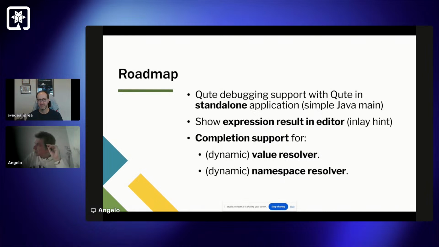If I remember, you can write a message, double point, and you should have completion on the method when you are writing a Qute template. I think it should work, but yeah, it's a long time since I did that. But if you have any ideas, I will be happy to try to implement it.